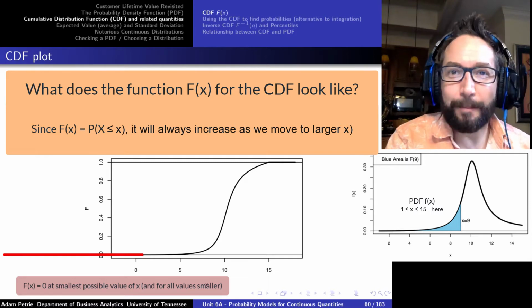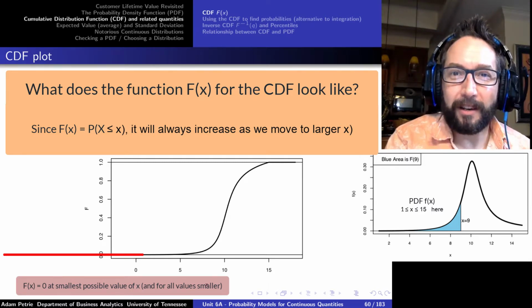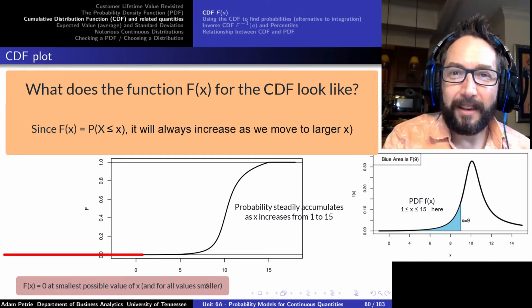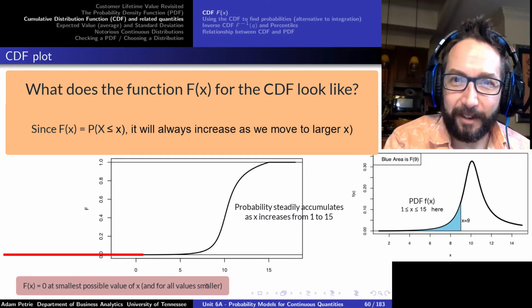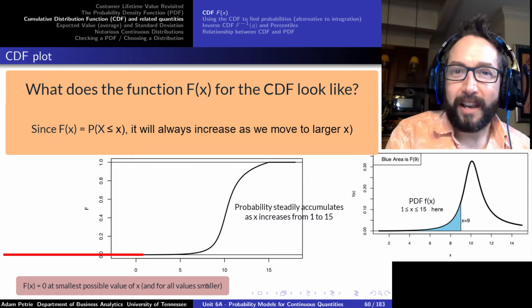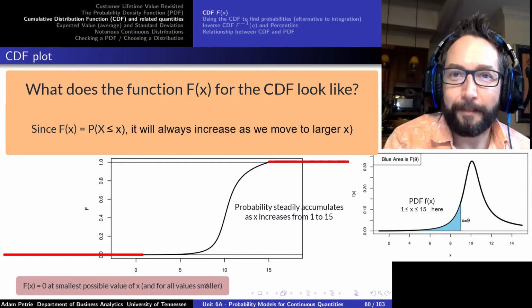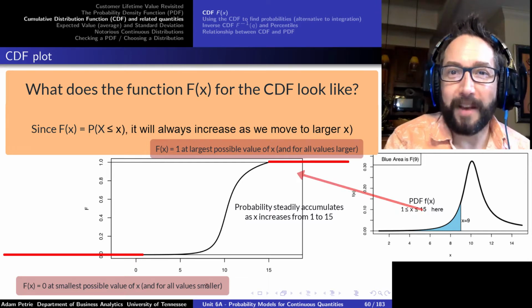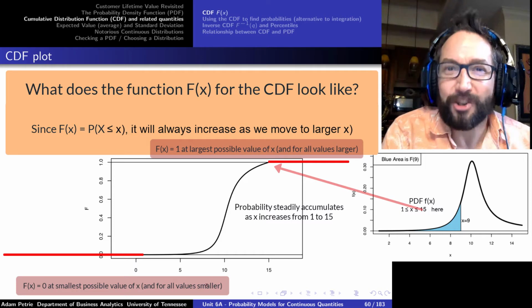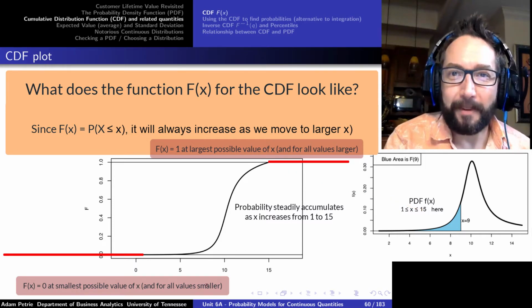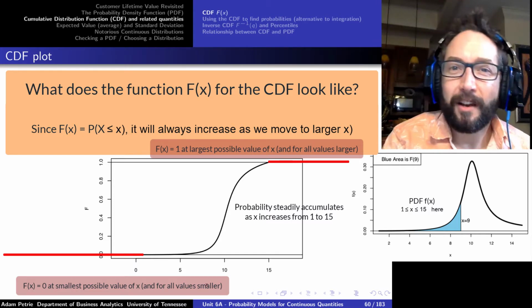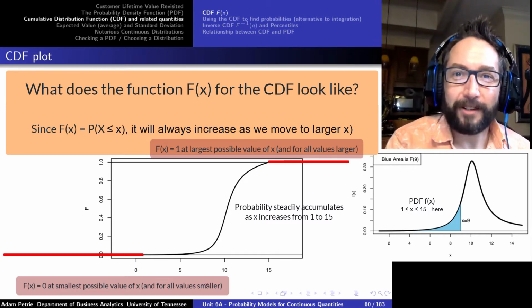And as the probability accumulates, as we cover more and more values of x that are possible to be seen, the height of that CDF curve is going to increase, and eventually it's going to taper out to 100%. If there is a hard cap at the largest allowed value of x that we can see, the CDF will reach 1 at that point, 100% chance of observing that largest value of x or something smaller, and it'll be 100% for all larger values of x.